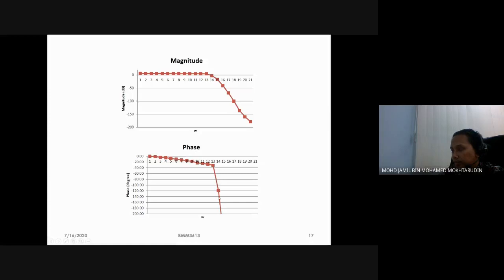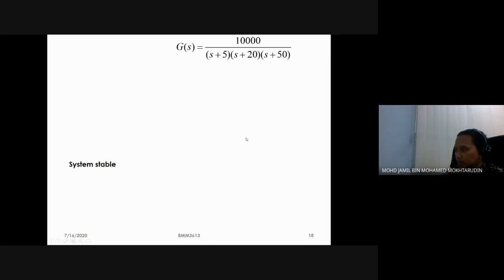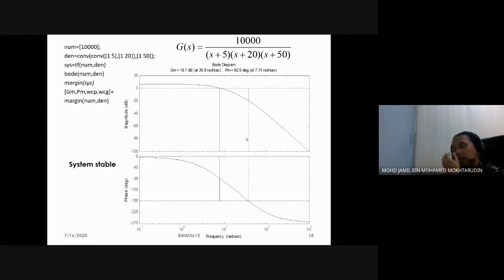So the plot is against frequency omega. So then you can determine the system stability. In this example, it uses MATLAB. To determine the system stability, first you need to look at the gain margin. To determine gain margin, you first need to determine the gain margin frequency.